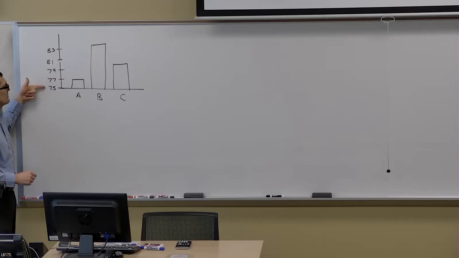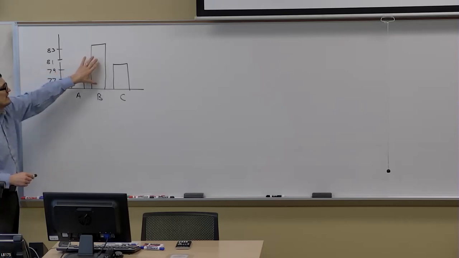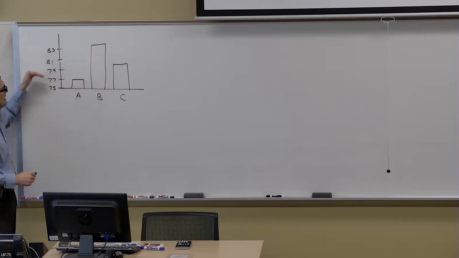So if we're dealing with a bar graph, you want to start at 0 on the bottom so that the size of the bar is in proportion to the size of the numbers.